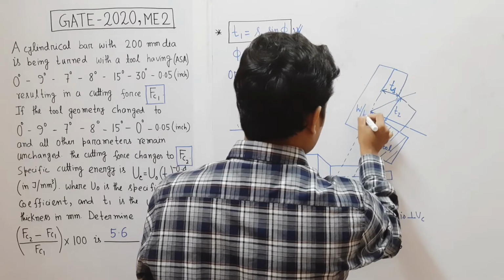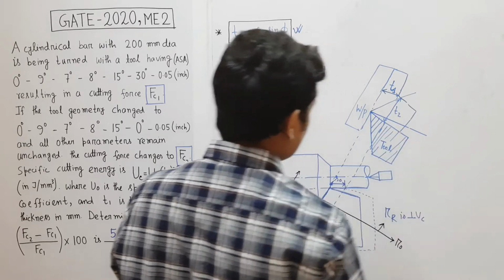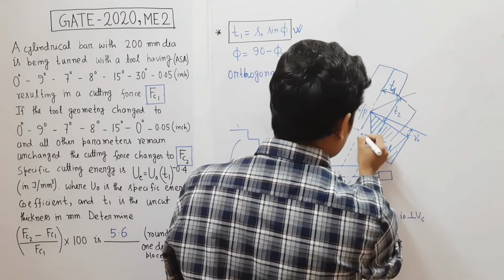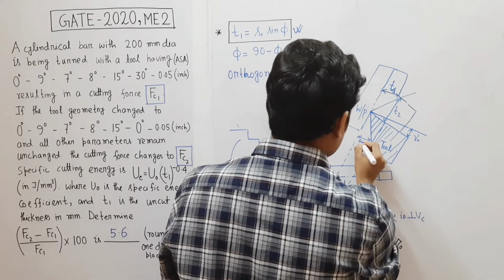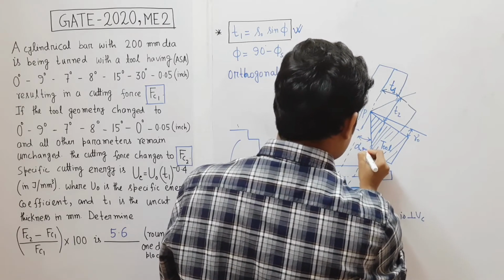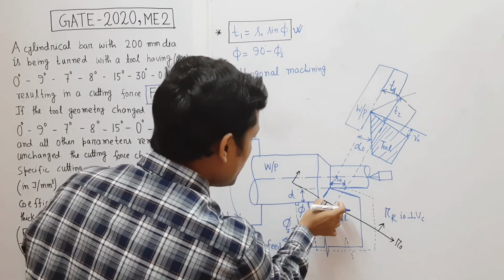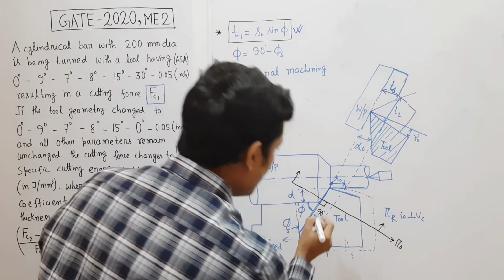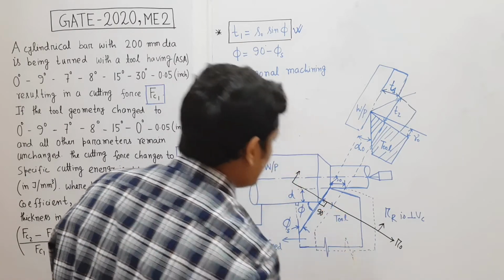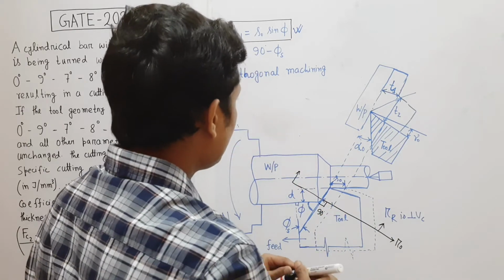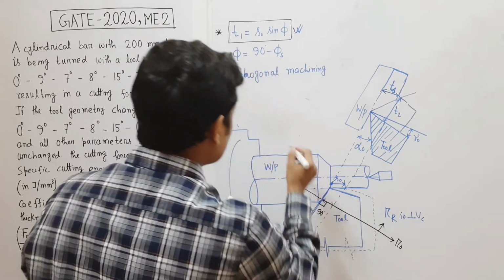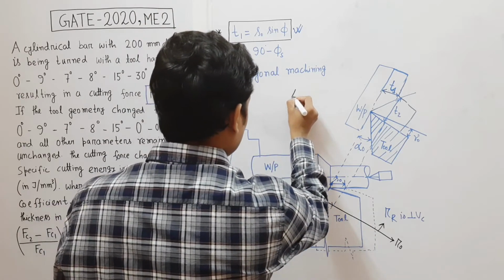This is the workpiece and this is the tool, and this angle is gamma O and this is alpha O. So this much is my T1. Now if I draw the enlarged view of this portion, let us draw an enlarged view.